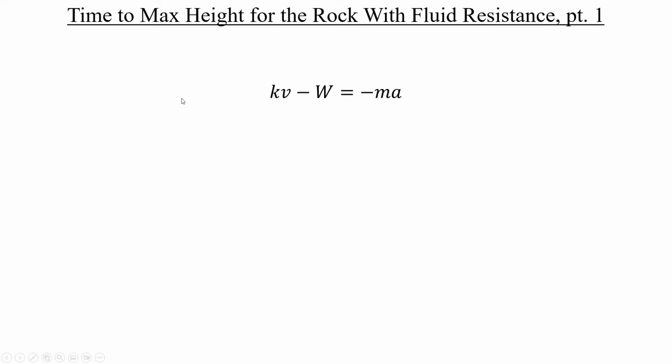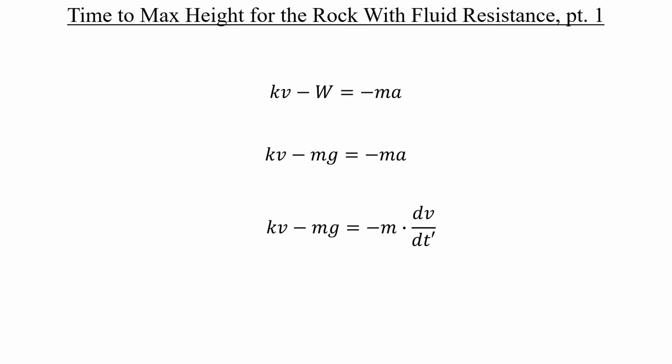The first thing I'll do is exchange the weight with mg, followed by switching out the acceleration with its definition, dv over dt prime. If you are unsure why I'm using dt prime here instead of a regular dt, I would recommend taking a look at video number 24, where we covered the reasoning behind that.